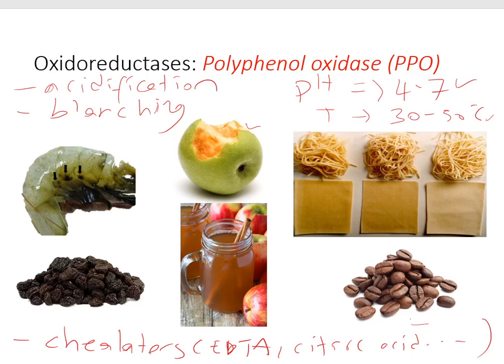So it's used to bind copper. So we said that copper is the cofactor of the polyphenol oxidase enzyme. So if we bind the copper, this enzyme will lose its activity. Okay, let's continue.